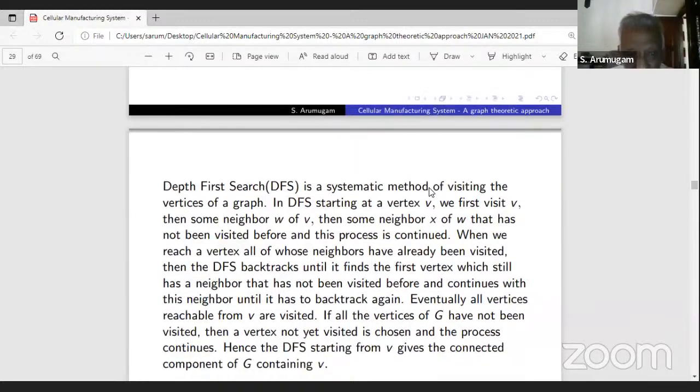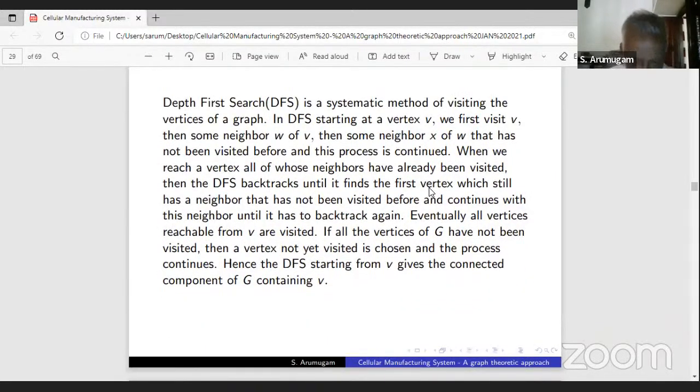Now, the algorithm that I have developed for solving the cellular manufacturing problem uses a standard technique in graph theory called depth first search. It is a systematic way of visiting all the vertices of the graph.